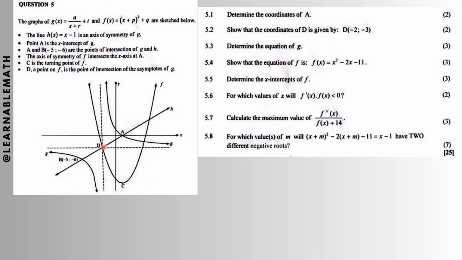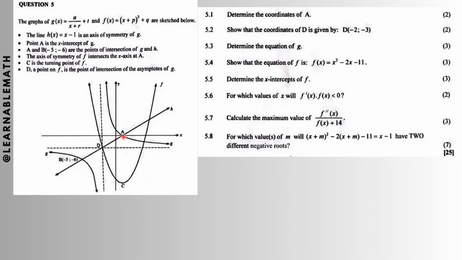So 5.1, they want us to determine the coordinate of A. If you check, A is a point that is found on two graphs, the graph of G and the graph of H, and it's also the x-intercept of both of those graphs, right? So we can just check which equation we are given. We have h of x there, which is x minus 1. So to find A, I know that A is the x-intercept of H, right?